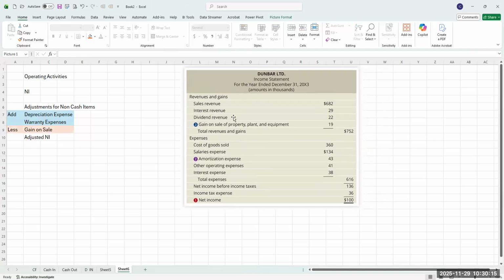Now let's start doing our first part to adjust the net income into the adjusted cash net income. So our starting point on the operating activities for this indirect method is going to be net income.